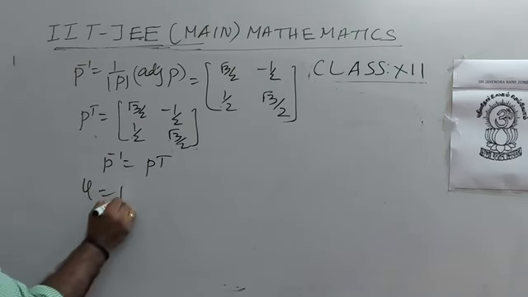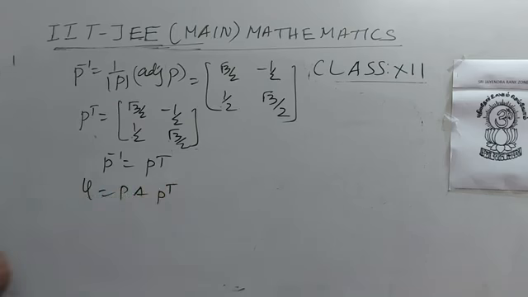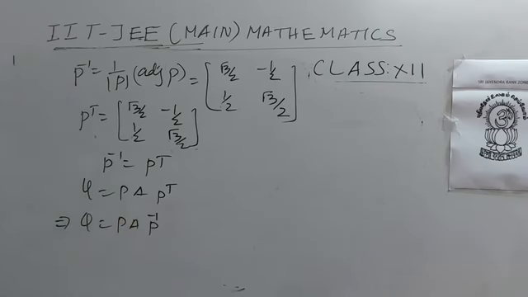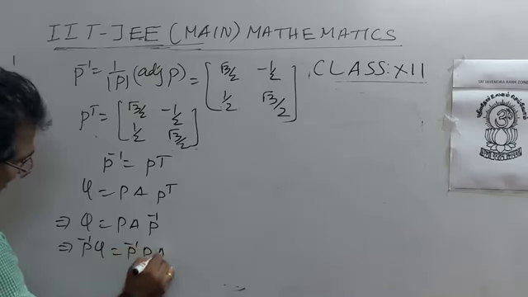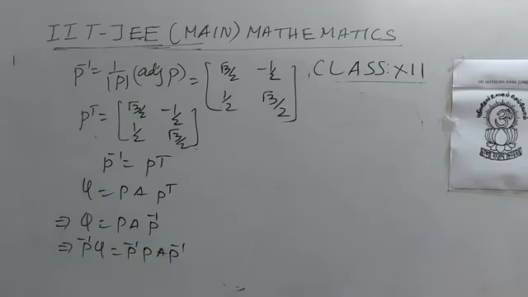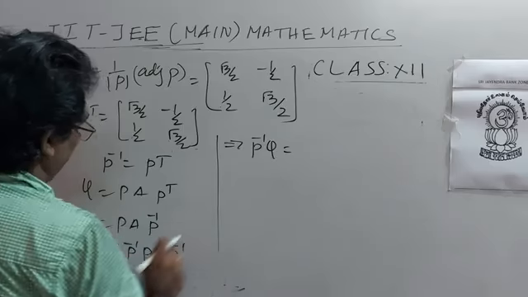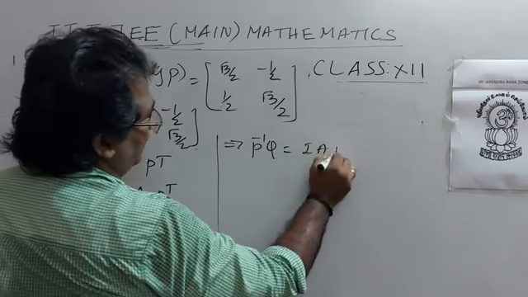So Q is given as P A P transpose, which implies Q equal to P A P inverse, since in place of P transpose you can write P inverse. Then P inverse Q equal to P inverse into P A P inverse, which implies P inverse into Q equal to I A P inverse.